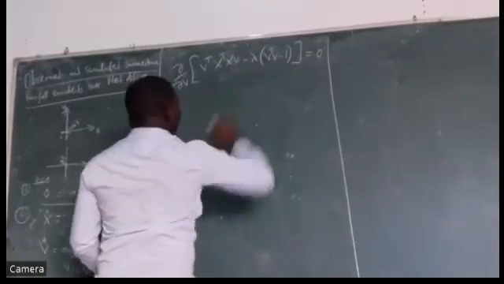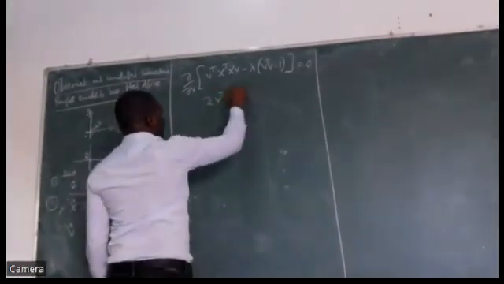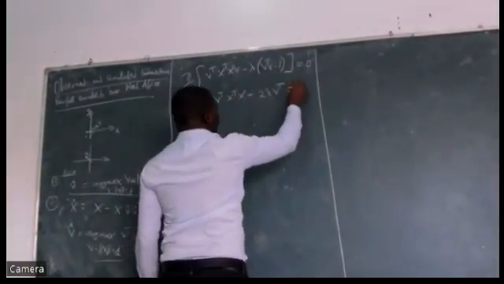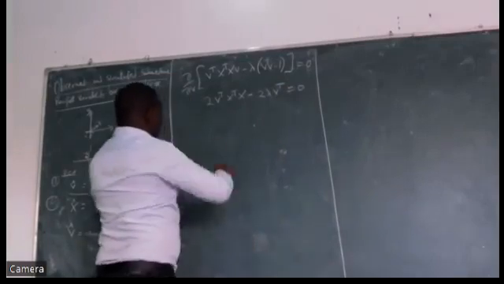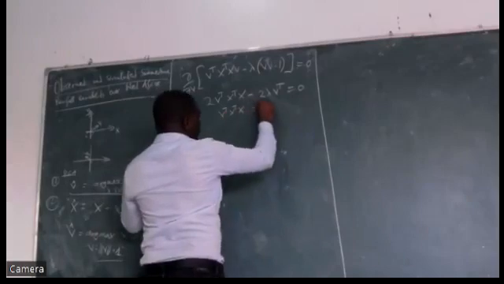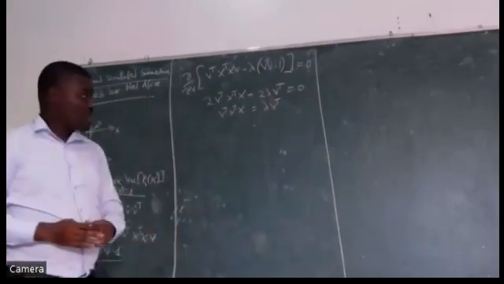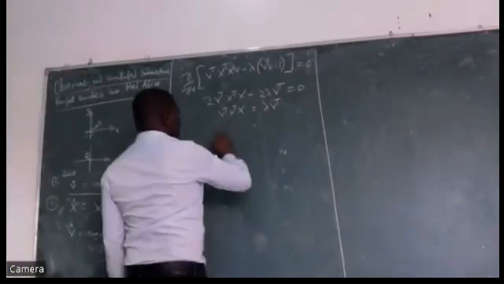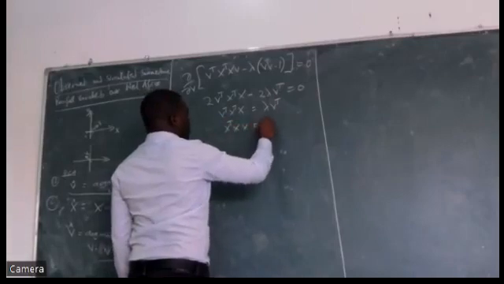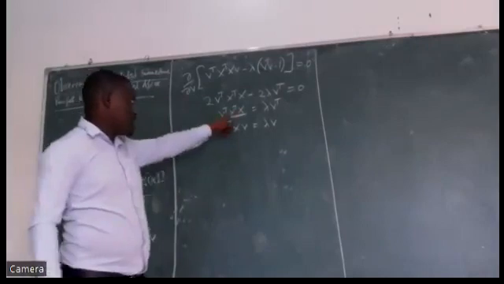If we differentiate this, we have 2 V transpose X minus lambda V transpose equal to 0. Now we simplify this to become V transpose X is equal to lambda V transpose. Taking the transpose on either side of this equation, we have X transpose X V equals lambda V, because this matrix here is symmetric.